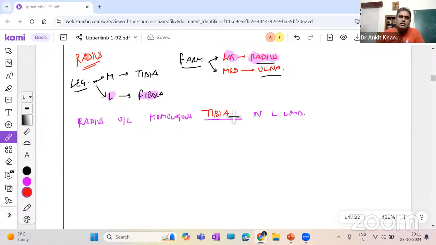Understand that if we look at our upper limb, the thumb lies laterally, and if we look at our lower limb, the foot, the great toe lies medially.